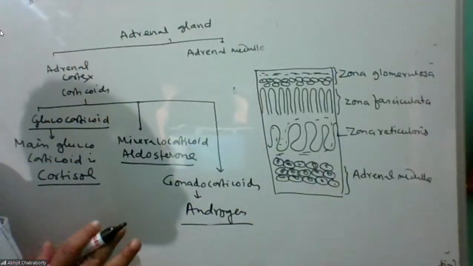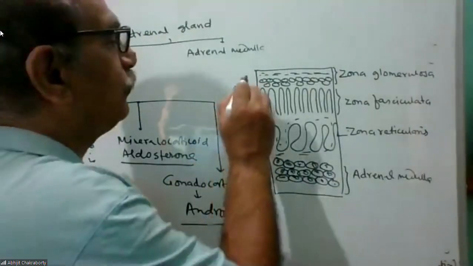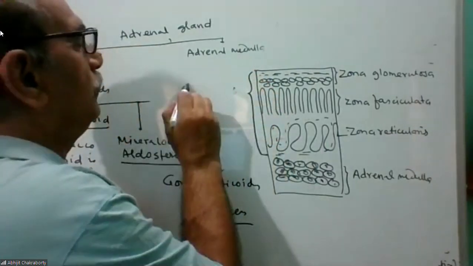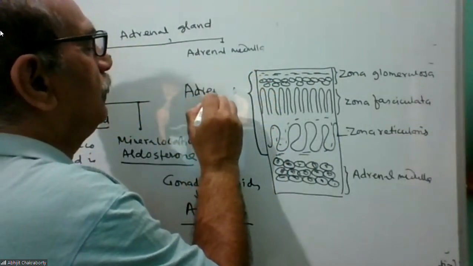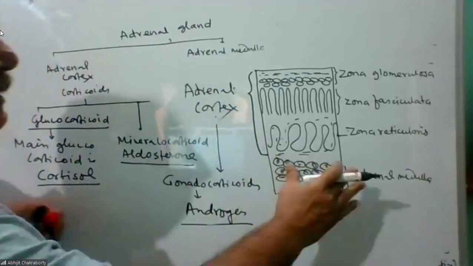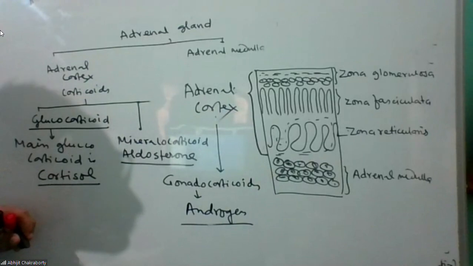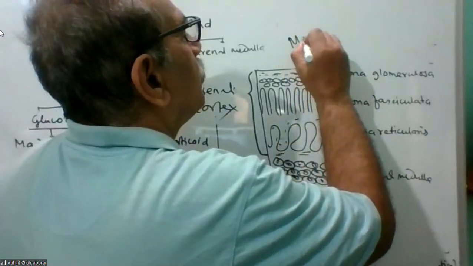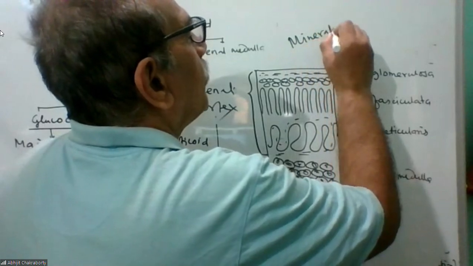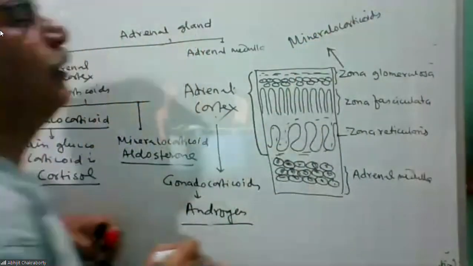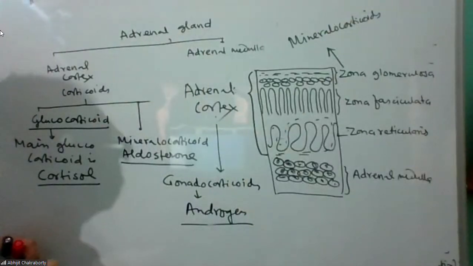So this is the arrangement of layers. So this part up to this is the adrenal cortex, and after that the adrenal medulla. From zona glomerulosa, mineralocorticoids are secreted.